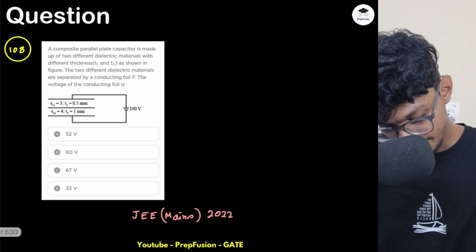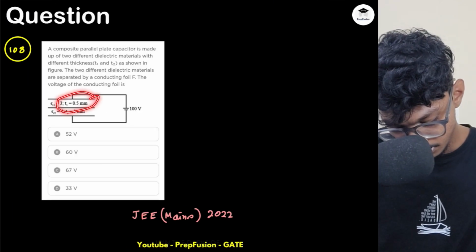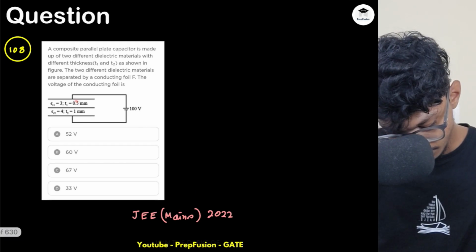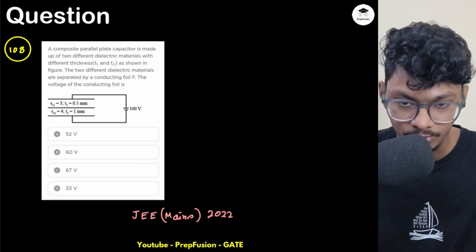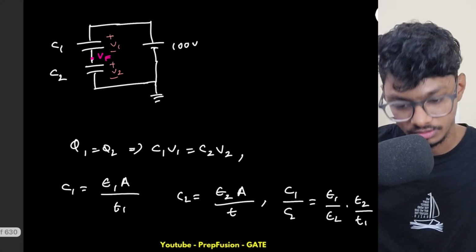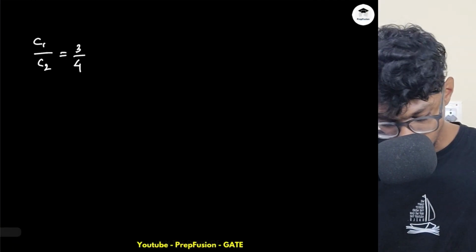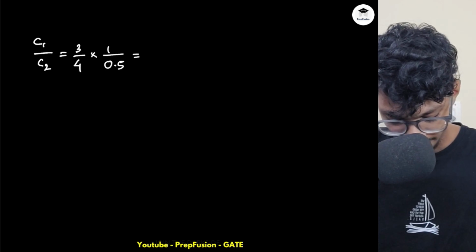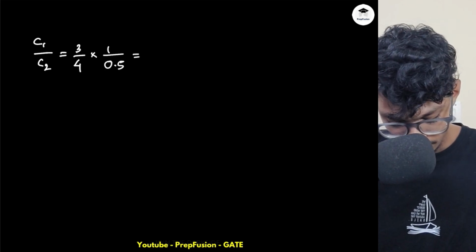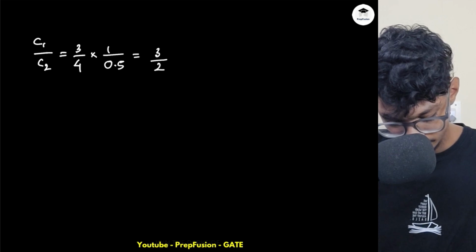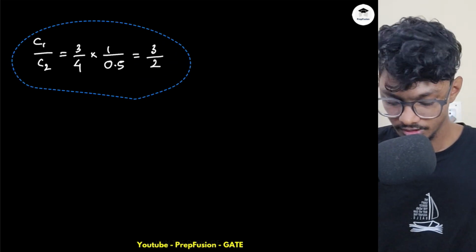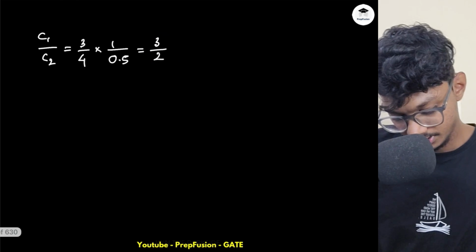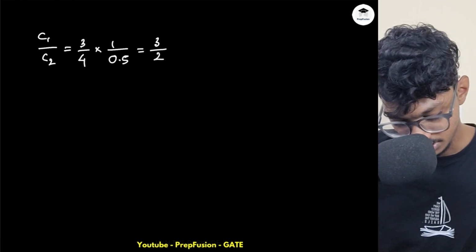What about T2 upon T1? T2 upon T1 is 1 by 0.5. I don't care about the units because they automatically get cancelled out. So this will be 3 by 2. So C1 by C2 equals 3 by 2.